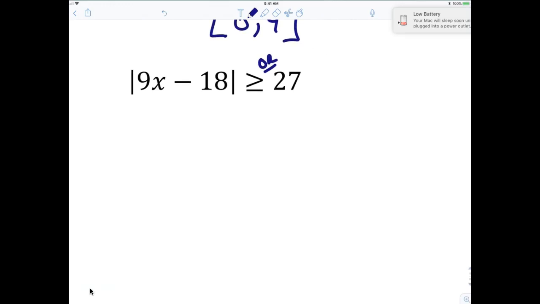So we would say 9x minus 18 is greater than or equal to 27, or 9x minus 18 is less than or equal to negative 27. All right?